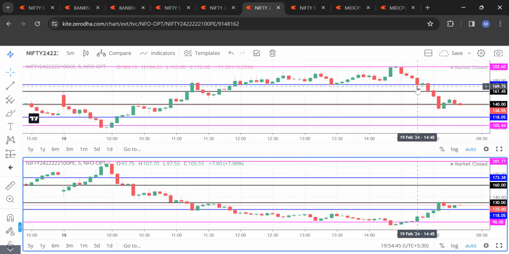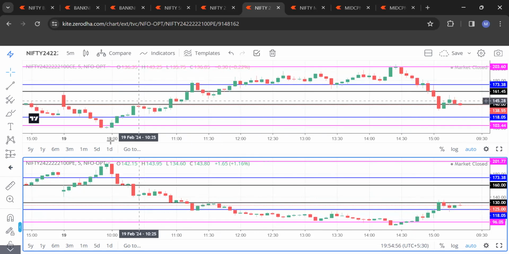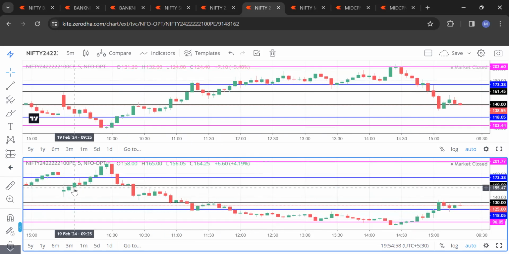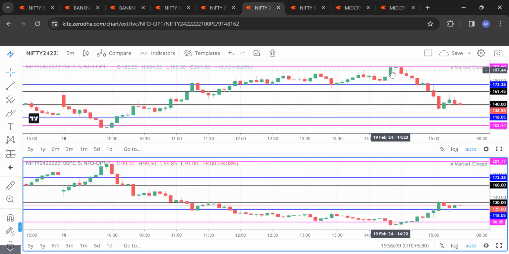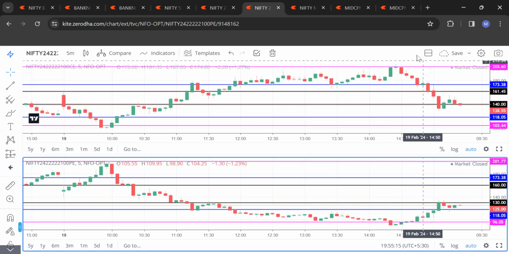Once this closed below 173, suppose these levels were not there, just see. When you bought, your first entry would have been here. Just now we saw, this is candle A and B, you bought and the target hit. Your second entry would have been here, and the target hit. But here you couldn't have found a third entry, but with the help of this, you could have found a third entry.